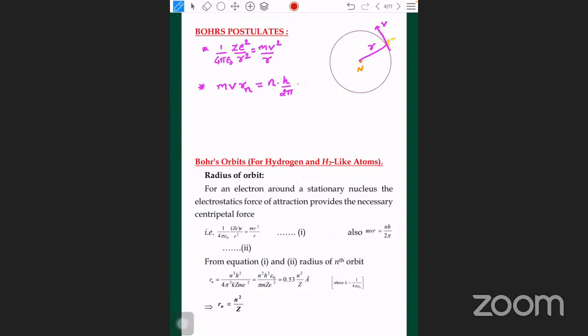And in all the orbits, the electrons will not revolve. In those orbits whose angular momentum is equal to an integral multiple of h by 2 pi, only in those orbits the electrons will revolve. Such orbits we call what? Stationary orbits.